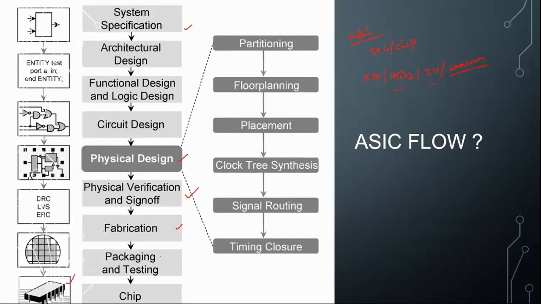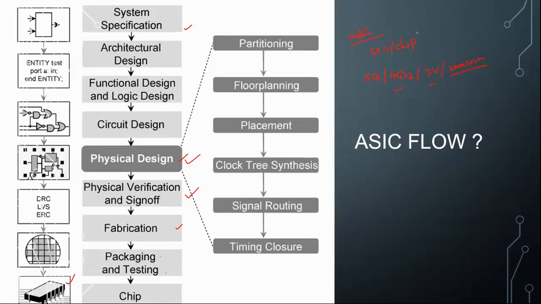In this session, we are going to discuss physical design. Physical design starts from partitioning. First we take our SOC, our IC, and divide it into some partitions. Then we start floor planning, where we do the macro placement.